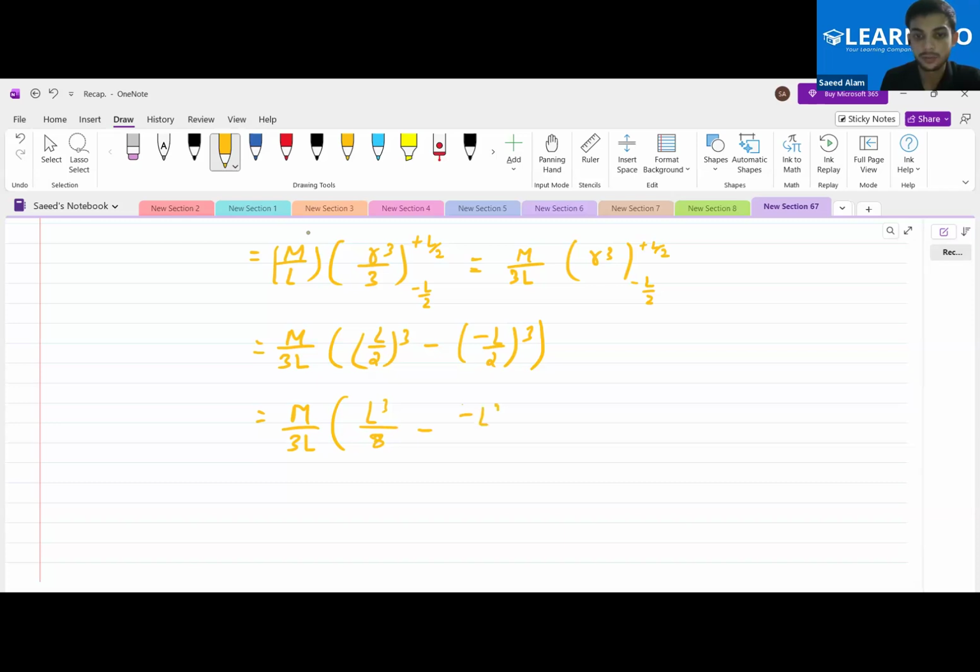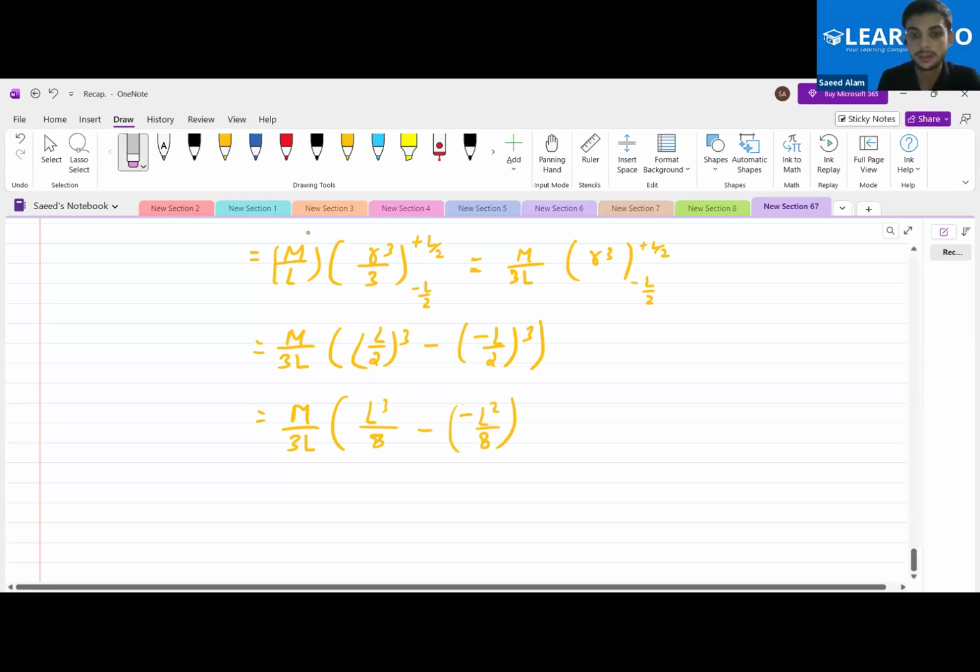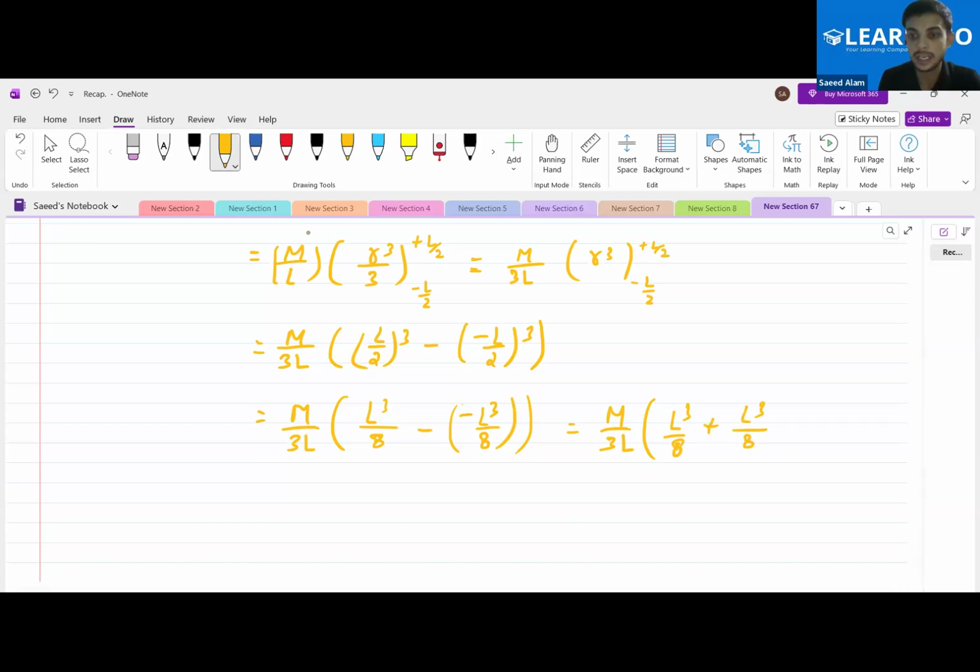Yes or no? Yes, sir. If we cube the negative number, we'll ultimately get an overall negative number. So that will be m by 3L, and inside it L cube by 8, and this minus minus will get added up and we get L cube by 8.